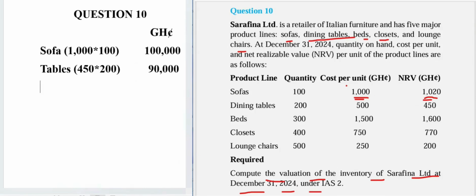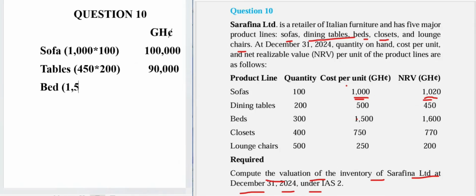Then the next item we are going to value is beds, right? So we have bed. If you check, the cost is 1,500, NRV is 1,600. So the lower is the cost, 1,500.